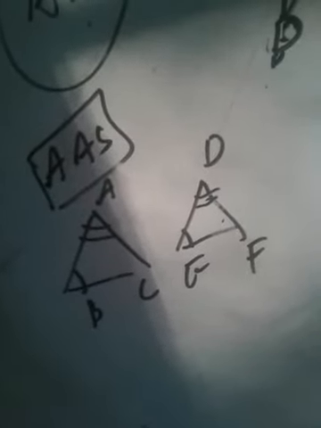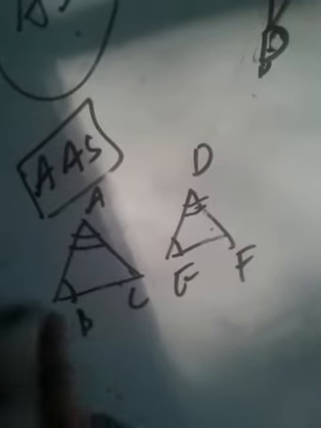For example, if we have two triangles ABC and DEF, and angle A equals angle D, angle B equals angle E, then you can choose any side, for example BC equals EF or AC equals DF. If we are talking about the ASA rule, we must include the side between the angles. But in AAS, you can choose any side.